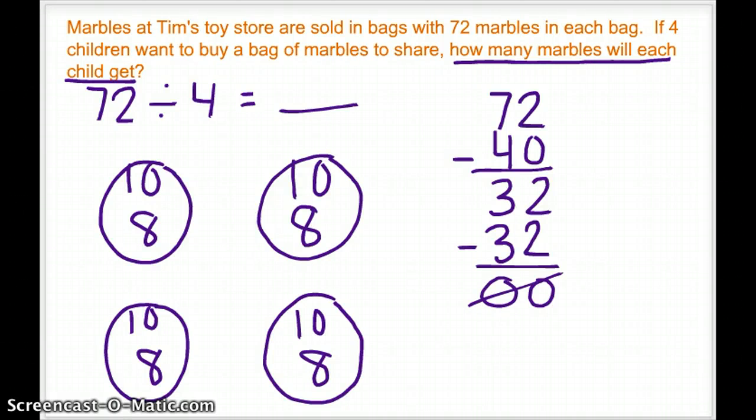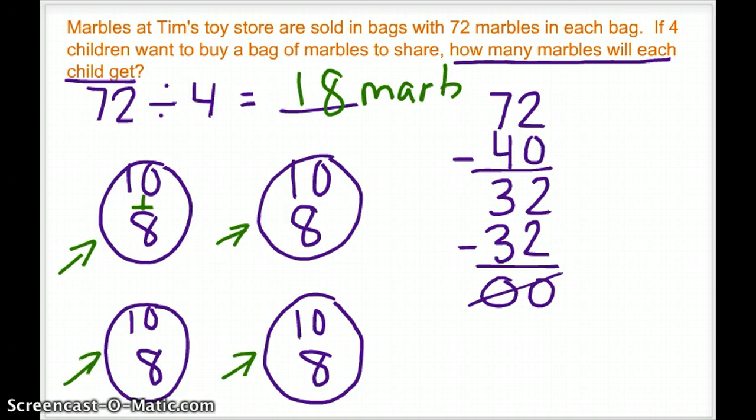How many marbles will each child get? If each of these circles represents a child, I just need to realize how many is in each circle. There are 10 plus 8, 18 marbles in each of the circles.